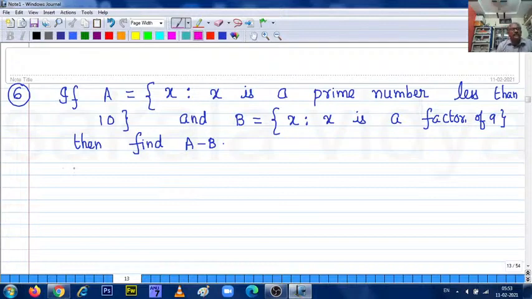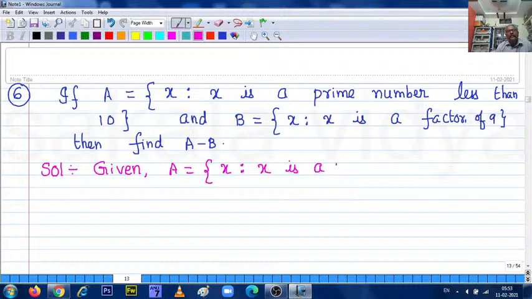So first, see here given A equals {x such that x is a prime number less than 10}.